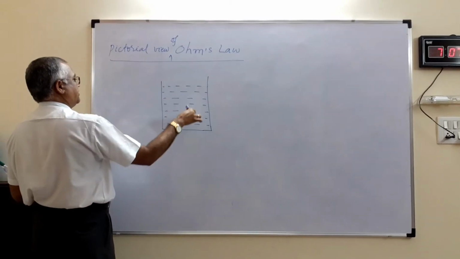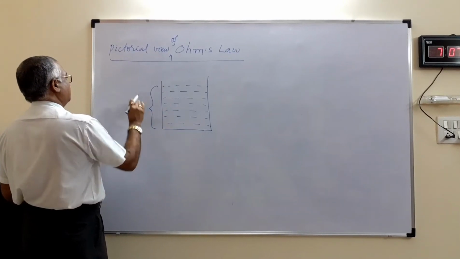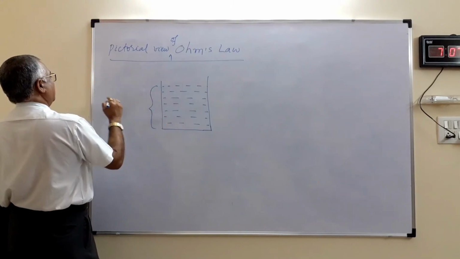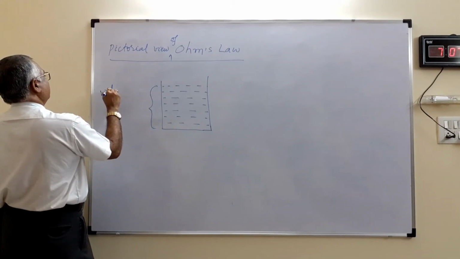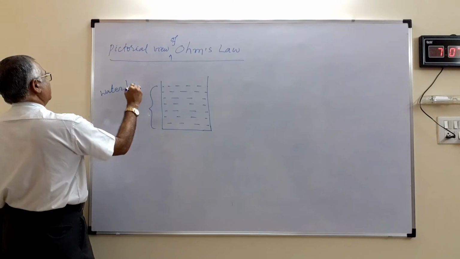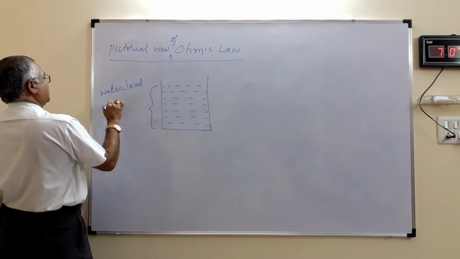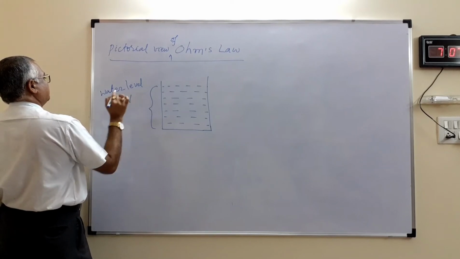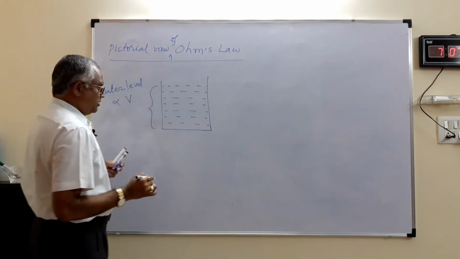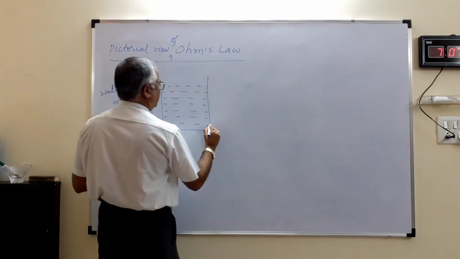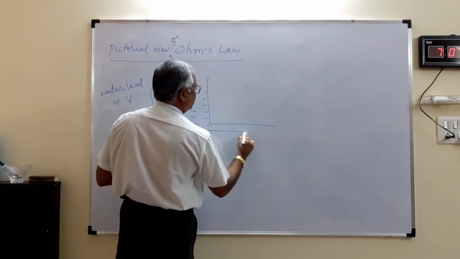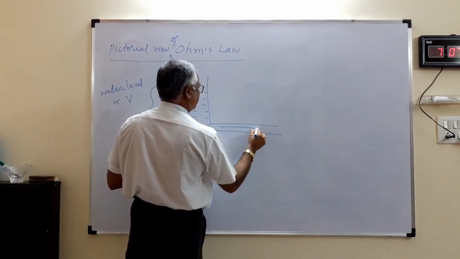So when water is there in the tank, obviously there is some water level. This level is analogy with V. Next, I am connecting one pipeline.